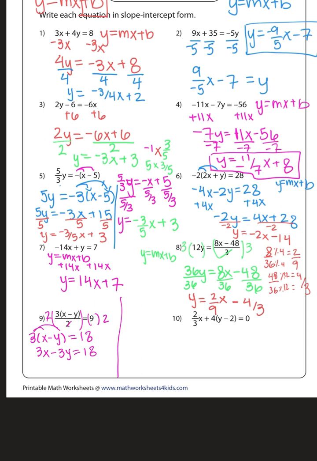Next, we have to bring it over, right? Because we still are trying to get this y equals mx plus b form. So we subtract 3x, we get negative 3y equals negative 3x plus 18. Next, we divide by negative 3, and we get y is equal to x, not 3, because we divided each of them by 3.